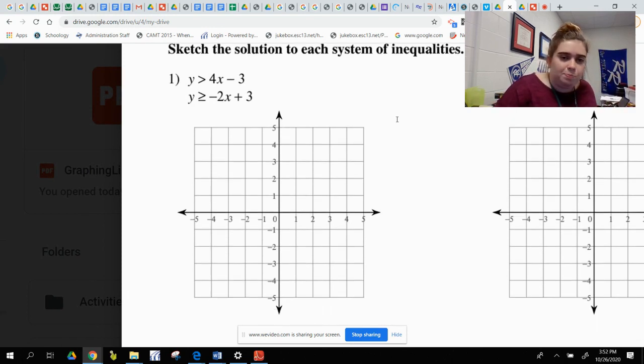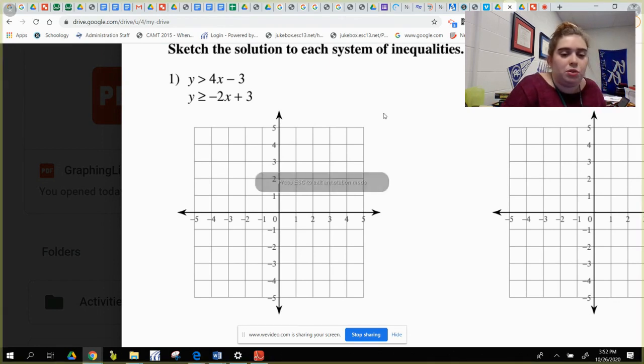on this Schoology page. So this first one we have y is greater than 4x minus 3 and y is greater than or equal to negative 2x plus 3. We're going to treat this like a y equals mx plus b situation, so we can tell the slope and the y-intercept.